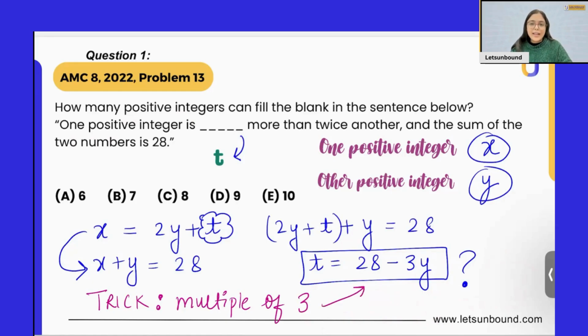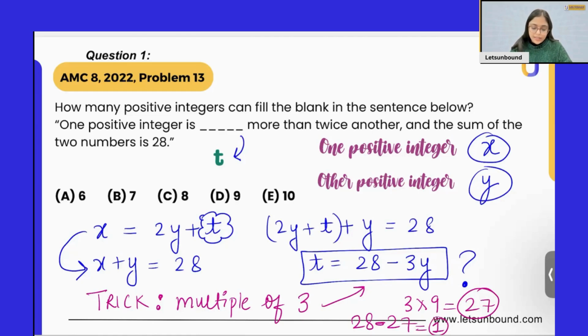Now, can you think of that? 3 times what gives you closest to 28? Exactly, that is 27. That means 3 times 9 gives you 27. And this 27 is closest to 28. And also, did you notice 28 minus 27 is positive 1, which is what we need.